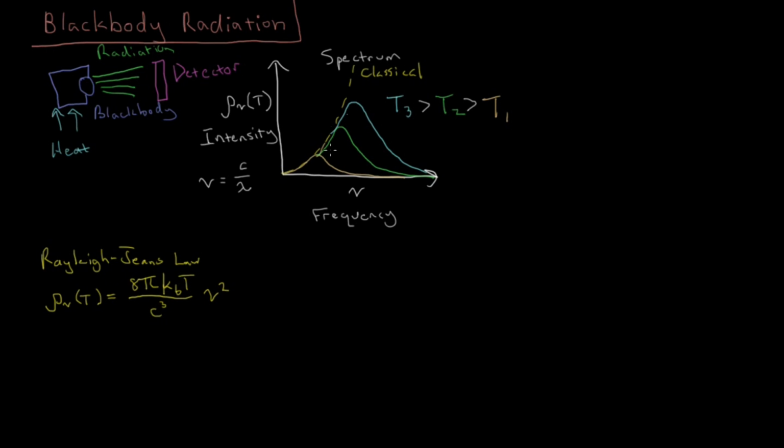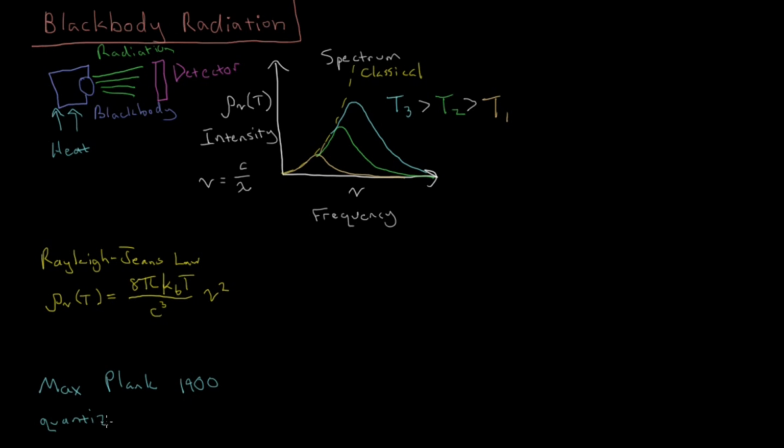So in order to get a result like this, it took Max Planck in the year 1900 introducing a hypothesis that the energy of the particles inside of this black body, which are creating the radiation, which we now know are electrons, is quantized.